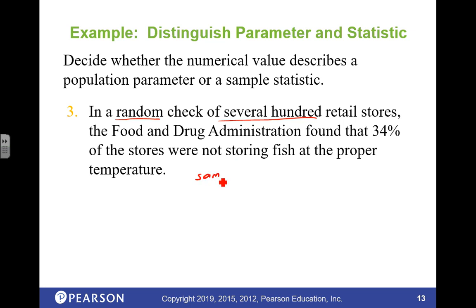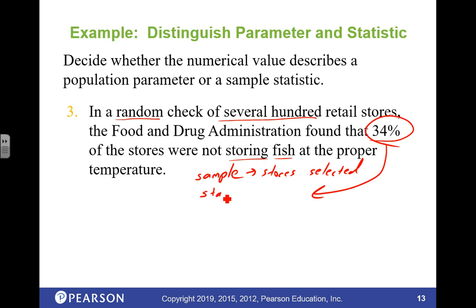So the stores that are selected make up our sample. And then the Food and Drug Administration determined whether they were storing fish at the proper temperature or not. 34% were not, so that's a calculation from a sample, so that is a statistic.